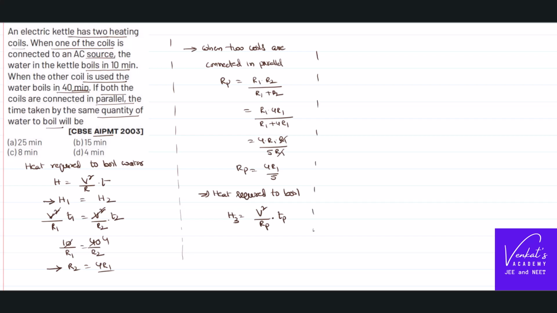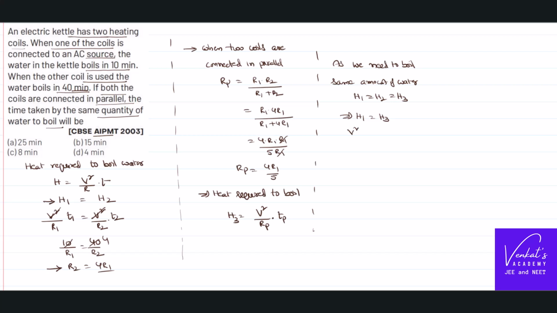We need to boil the same amount of water in each case, so H1 equals H2 equals H3. You can equate any two of these. Let's take the first coil with the third.